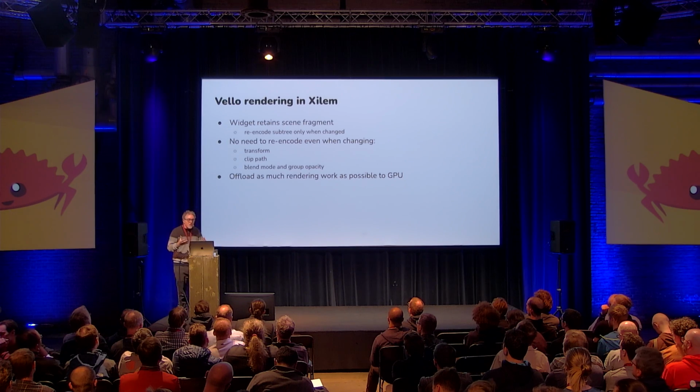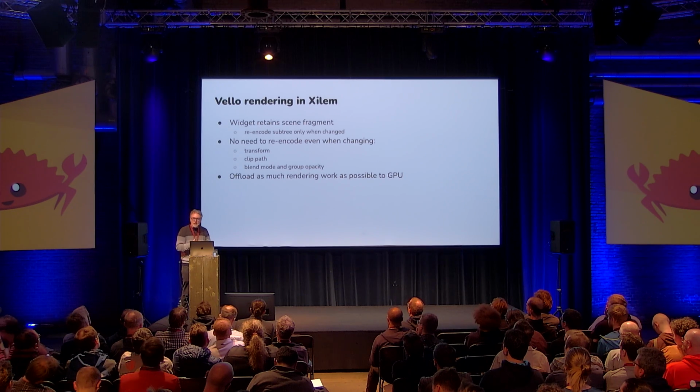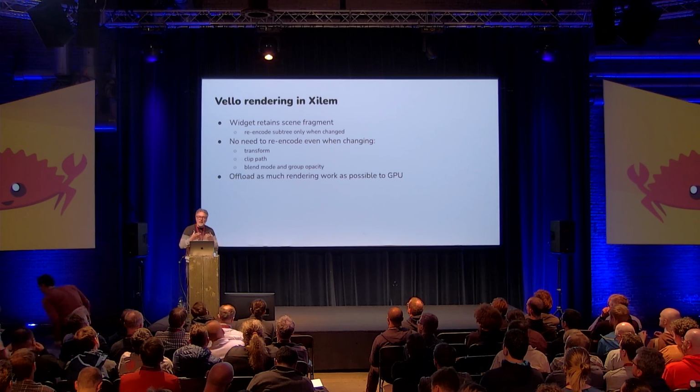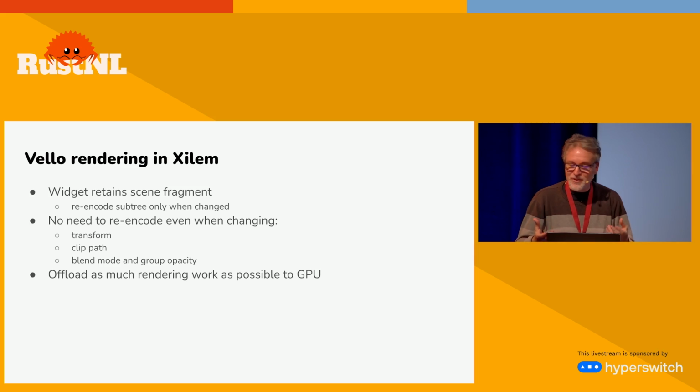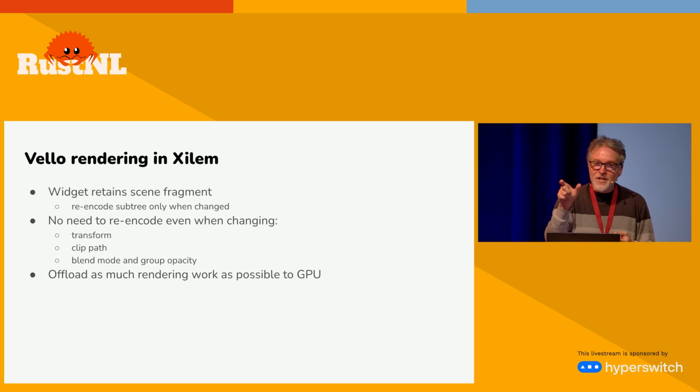The way that we use Vello in Xilem is also interesting, because this is a different API. This is not having a canvas context that has a mutable reference to it, which would restrict you to a single thread. So we have a model in which the widget in Xilem retains a scene fragment. You can think of a scene fragment as like a snippet of binary SVG. So if you're painting, you don't have to repaint the whole widget every time; you can retain that scene fragment and only re-encode the subtree when it's changed.